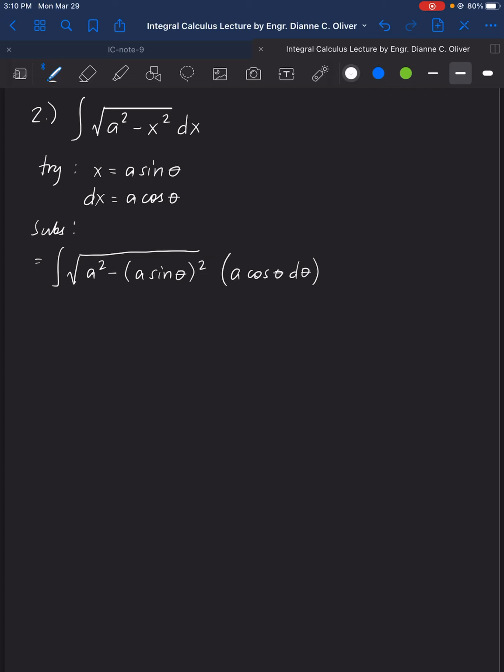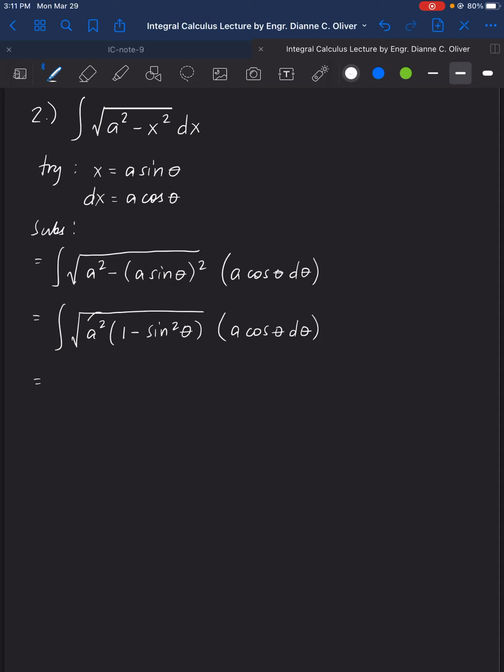So that is equal to integral of square root of, let's bring out a squared, that becomes 1 minus sine squared theta, then we have here a cosine theta d theta.